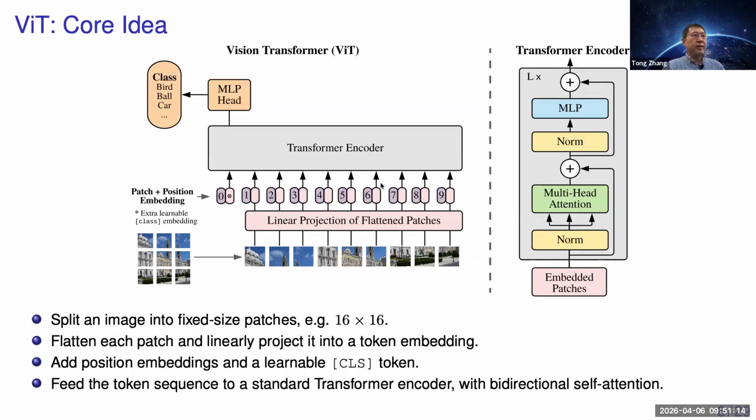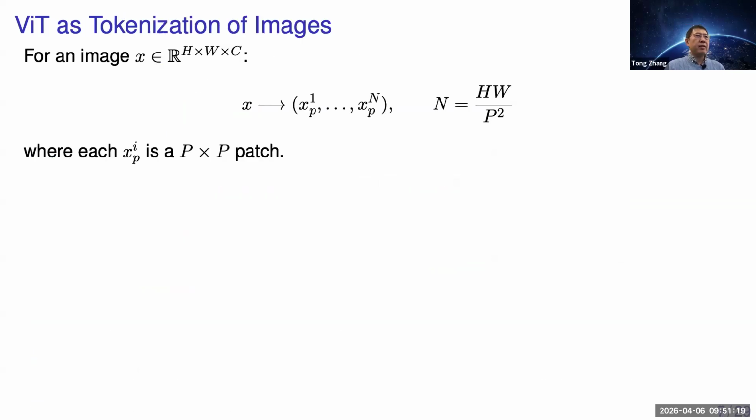So now let's talk about a little bit of technical detail, right? For the image, you have the channels, H and W, and P is the patch size. Essentially, the number of image tokens will be H times W divided by P squared.